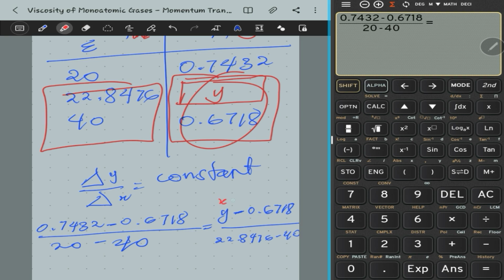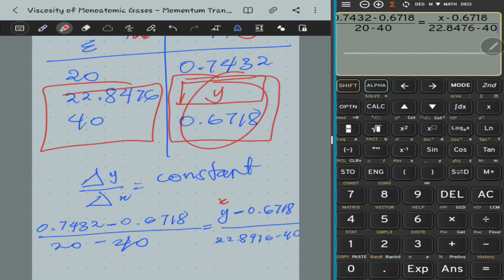So I'm going to give this x and solve it. It doesn't mean it's actually x, right? So using x to place this in the calculator, it gives me the value 0.6718, and at the bottom we have 22.8476, right, minus 40. So let's see what we have for the y, which in this case we typed as x in the calculator, right? This is what we have.